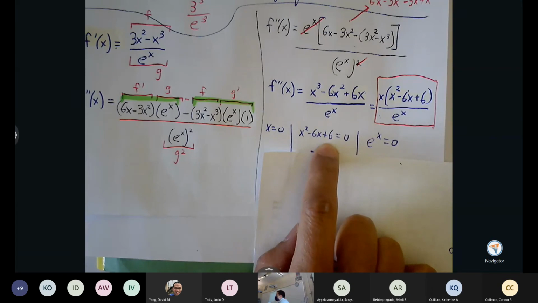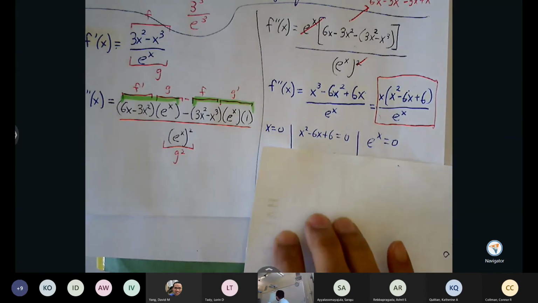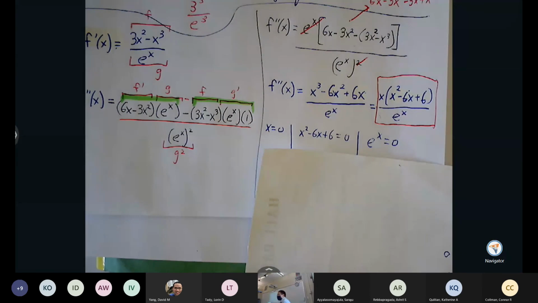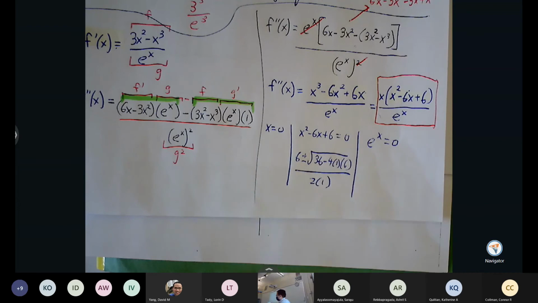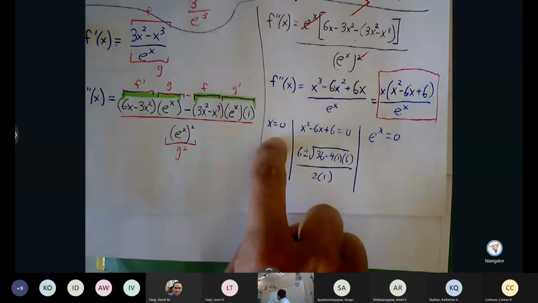Can we factor that? Okay, so it's a quadratic formula. I won't give you a quadratic formula on the test, but we'll go through that process just so we can see how everything works together when we do find these critical points. It ends up being 6 plus or minus root 12 over 2. I didn't reduce it, but we have 3 critical points, right? We have 1, 2 here, and we have 1 there.